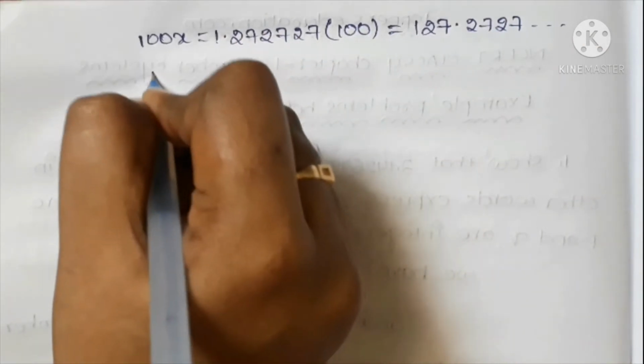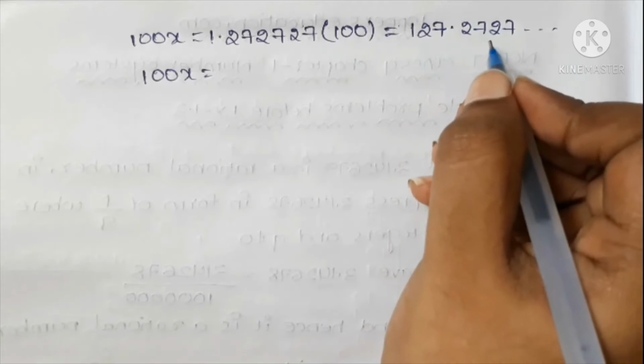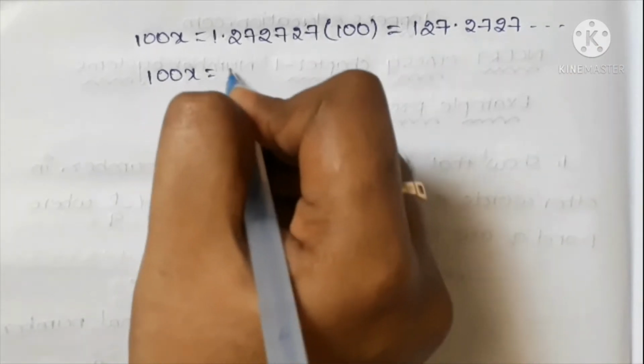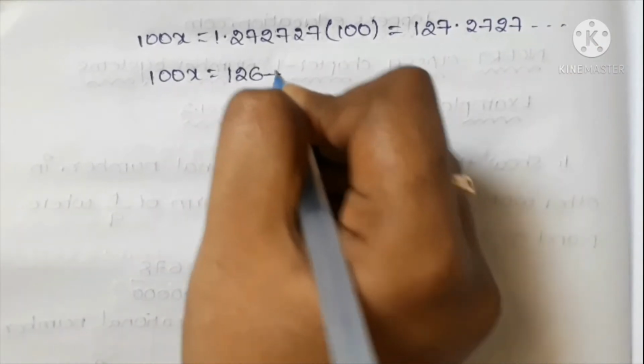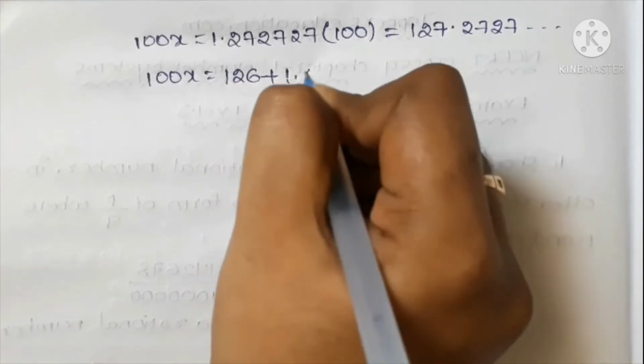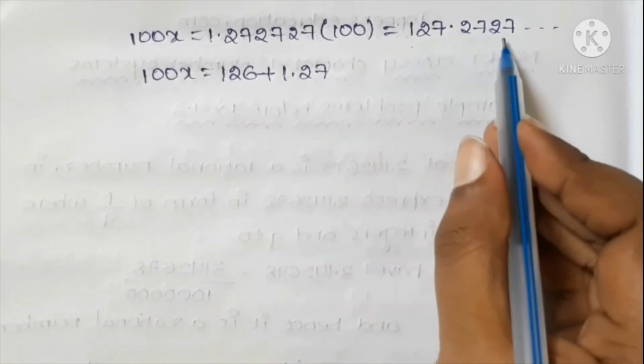And now this 100x equals 127.2727, which can be written as 126 plus 1.2727 and so on.